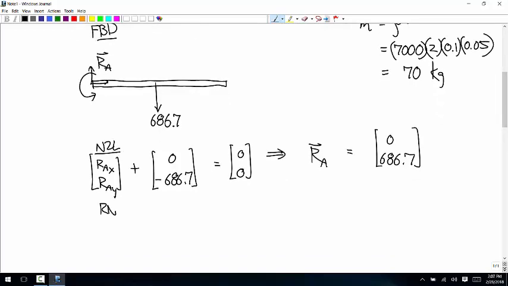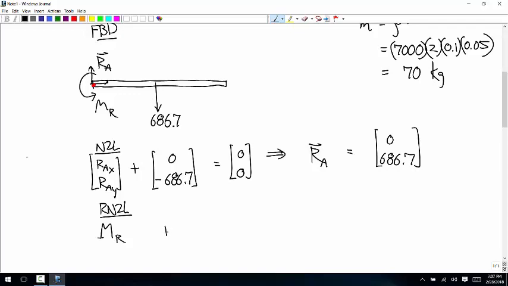And then the moment equation, I'll put the about point at the wall. There's no moment from RA. There is this couple, I didn't name it before, but call it reaction moment. So there's MR. And then what's the moment arm for this force of 686.7?